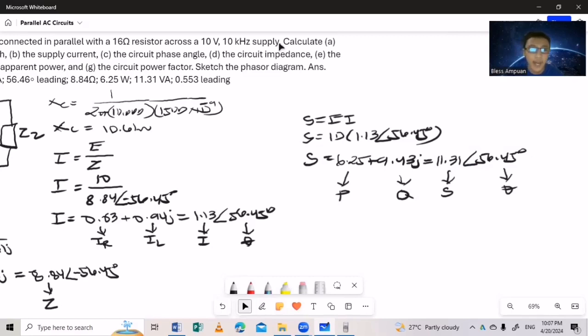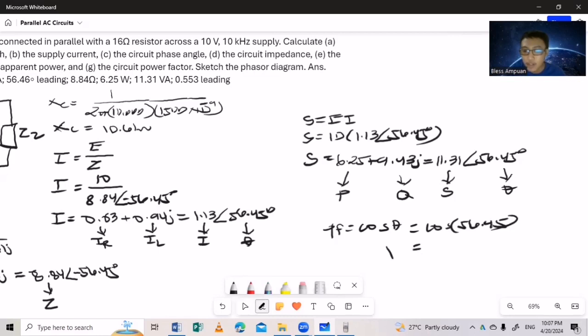Now, in the last what is required is the circuit power factor, and basically the power factor is just equal to cosine theta. So it is equal to cosine 56.45.